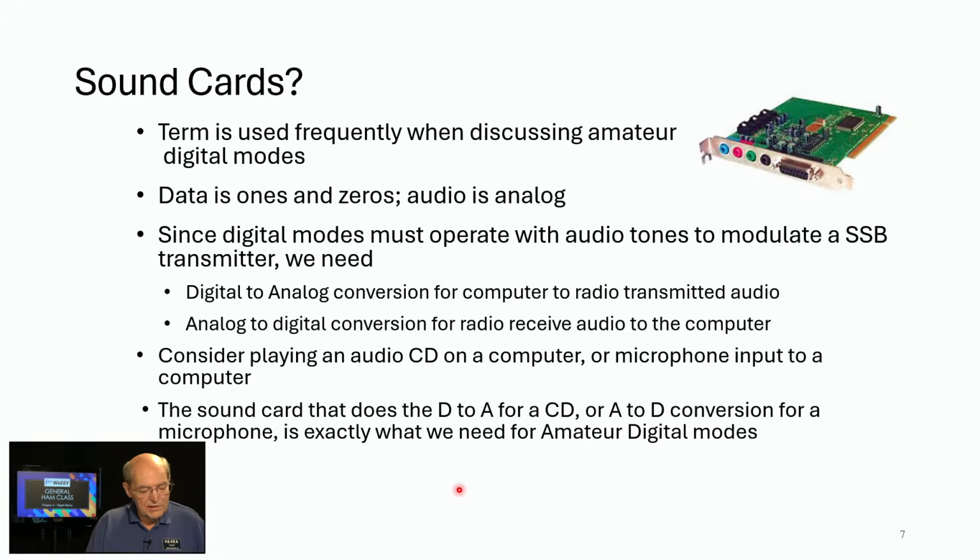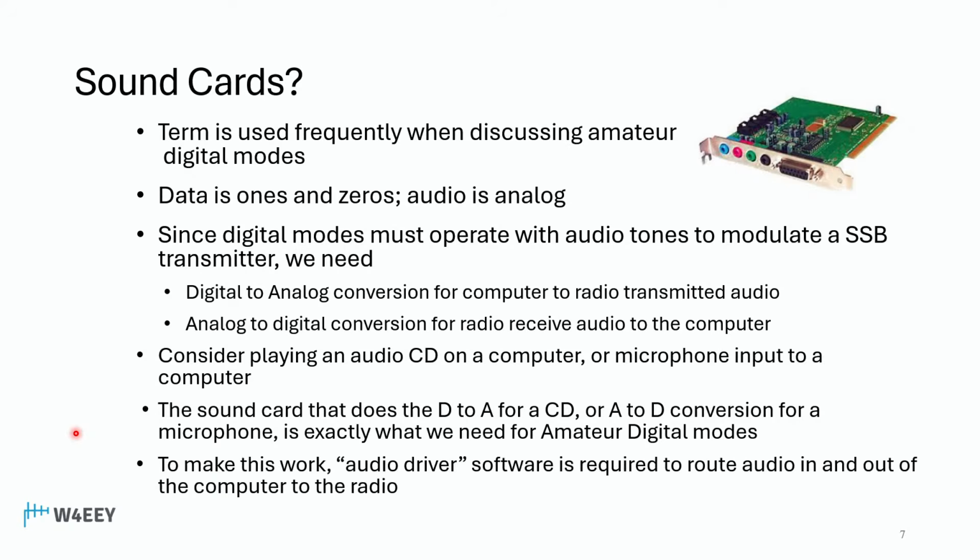So the sound card will do digital to analog for a CD, takes the pits from the CD and converts those to audio in the sound card. Analog to digital conversion for a microphone, and that's exactly what we need for amateur digital. So hopefully this direct example, like a CD, will help clarify that.